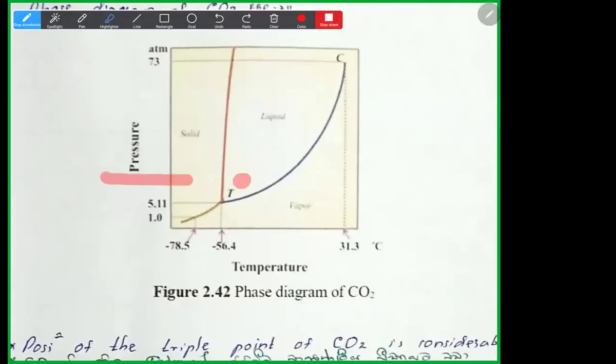So at 1 atm, you are on this line. On this line, the condition goes with vapor and solid. That's why dry ice, or solid carbon dioxide, goes from solid to vapor phase transition at room temperature. It doesn't have a melting point at room temperature.